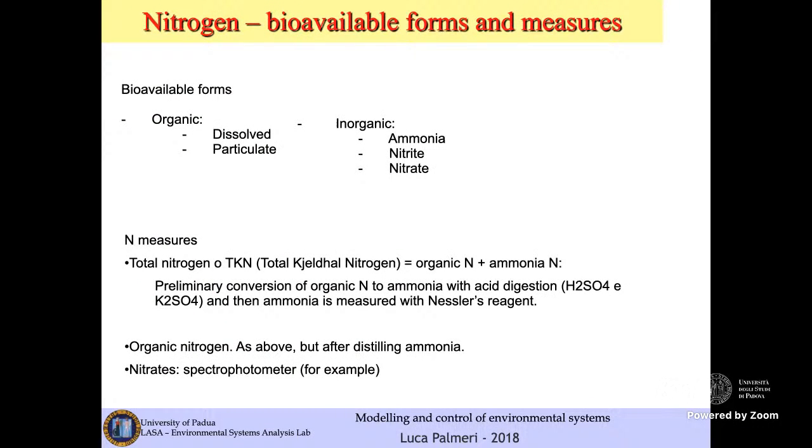To conclude this lecture, we shall give a look to the bioavailable forms of nitrogen. We may subdivide these in organic and inorganic forms. Organic may be dissolved or particulate. Inorganic may be, for example, ammonia that is dissolved, or nitrite and nitrate that are dissolved forms.